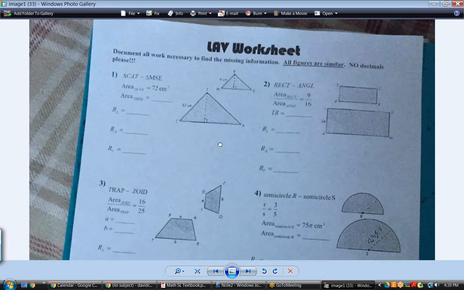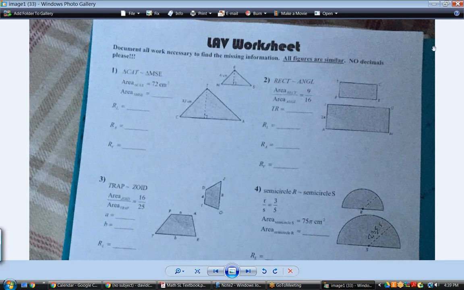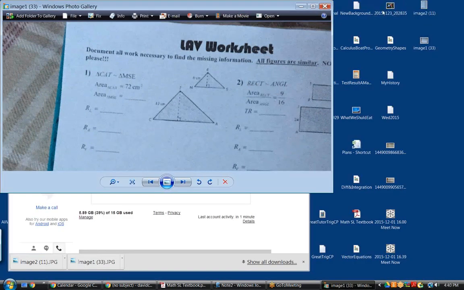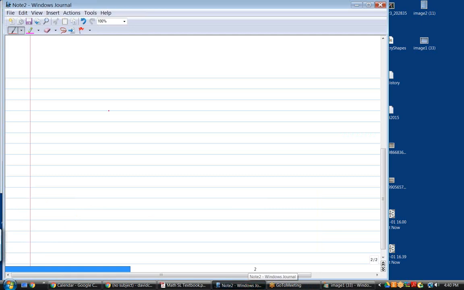So it looks like we're doing similar polygons. Let's talk about similarity compared to congruency for a moment. These two triangles are congruent as long as they satisfy one of the postulates. In other words, as long as they are side, angle, side, or side, side, side, or one of those.